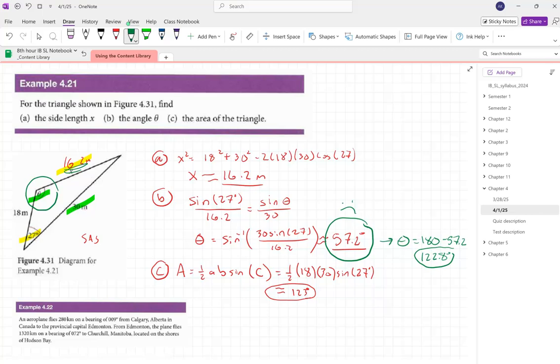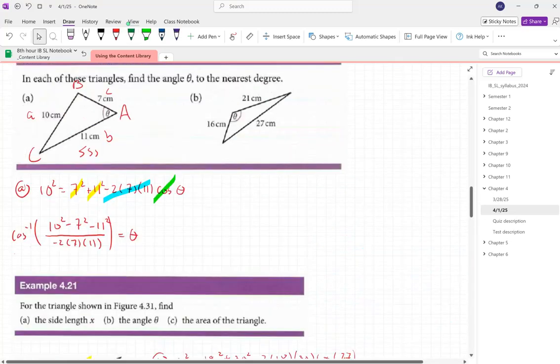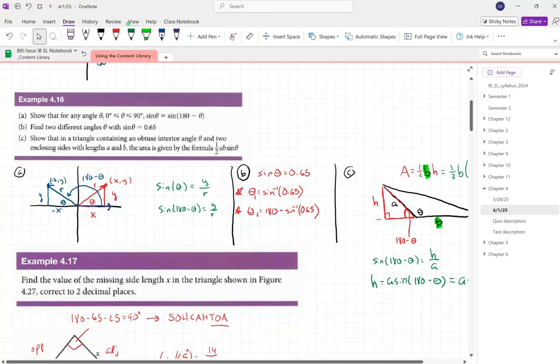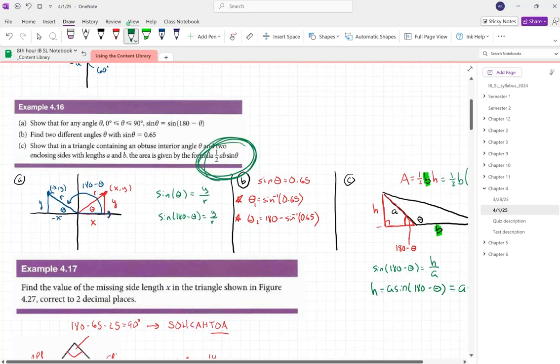Good question. We found the area, like part A. What formula did you use to do that again? We used that area formula that we proved before in part C. Why is it X?